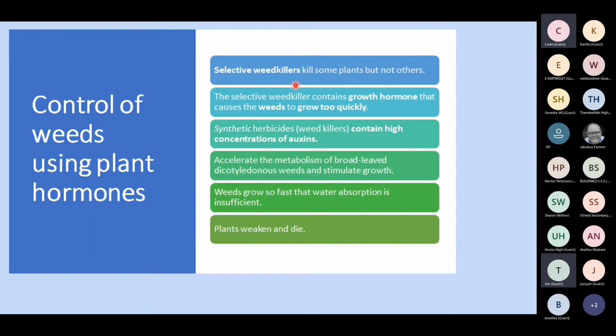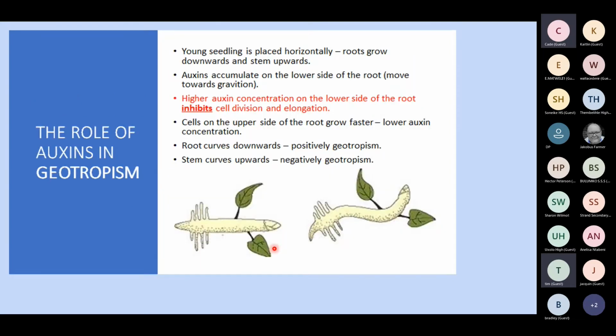They accelerate the metabolism of dicotyledonous weeds and stimulate growth. They grow fast, so water absorption is insufficient. Plants can be weakened and then they die. Those 2 bullets, grade 12, just focus on that.